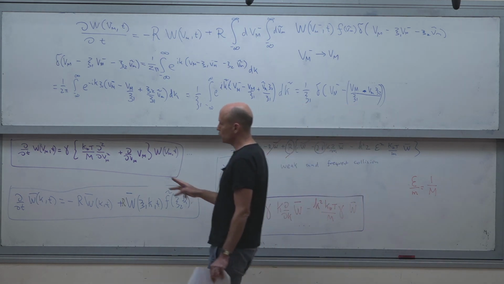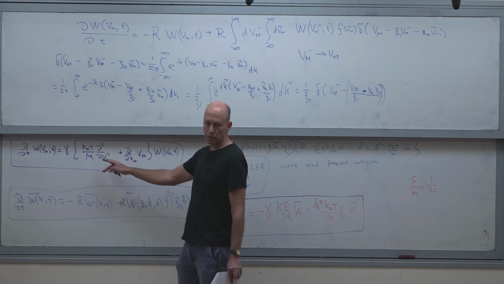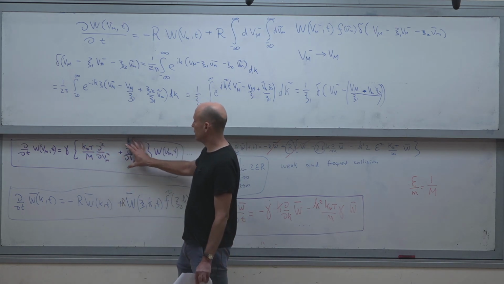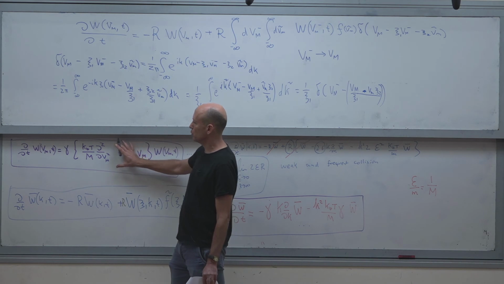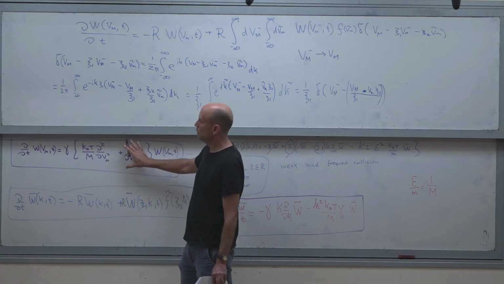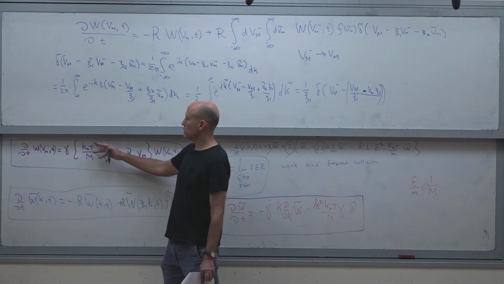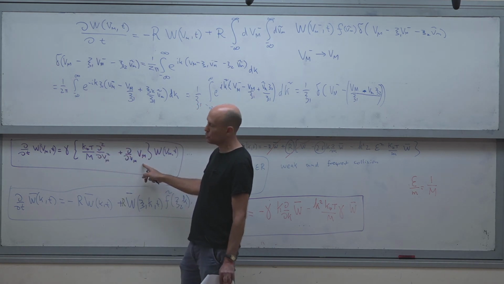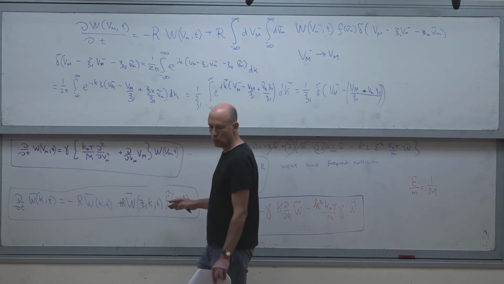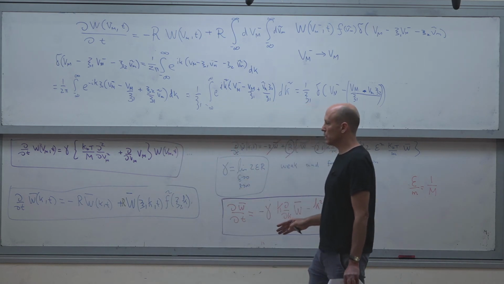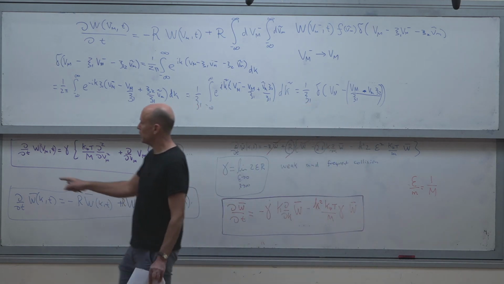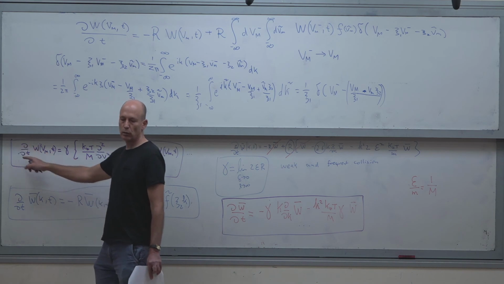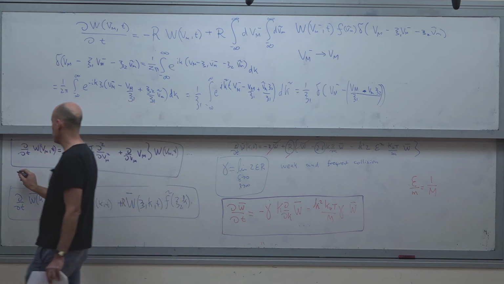You have here the usual kind of diffusion in velocity space. If I didn't have this term, it would be like a diffusion equation. So this describes the fluctuations of the velocity, but in addition you have this relaxation that describes the average relaxation. For example, if I multiply here by v and integrate, what do I get? I get the average velocity.